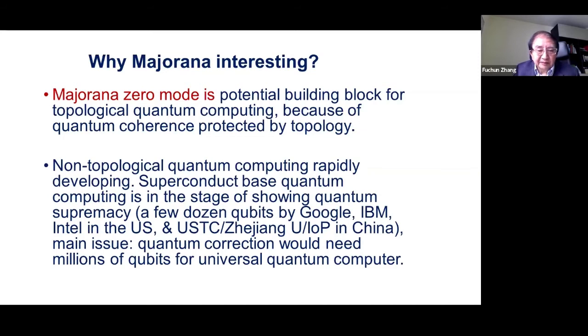For instance, for one qubit, you need probably 100 or 1,000 to correct it, to make sure it is right because of the error in the sense. And topological quantum computing has, in principle, the advantage: you don't need any correction, theoretically. Of course, you'd avoid many other things like quantum poisoning.